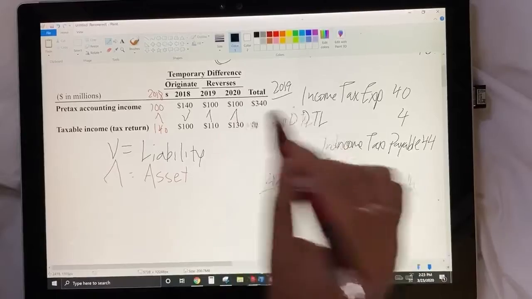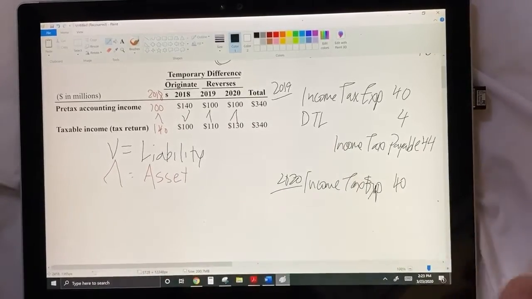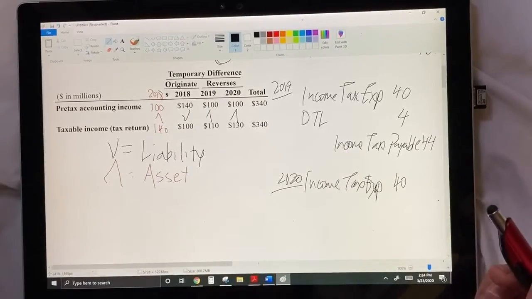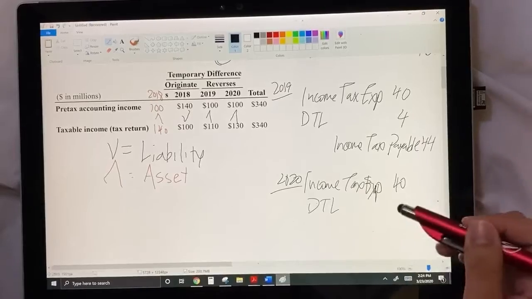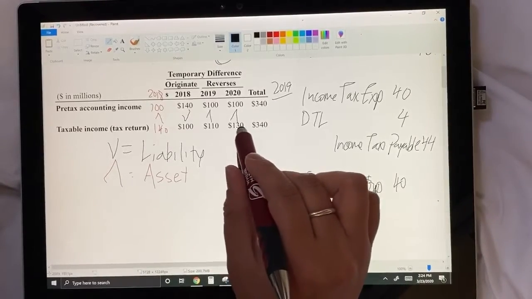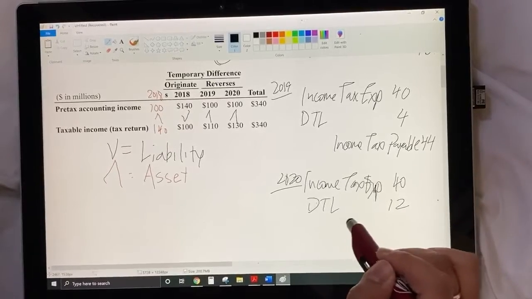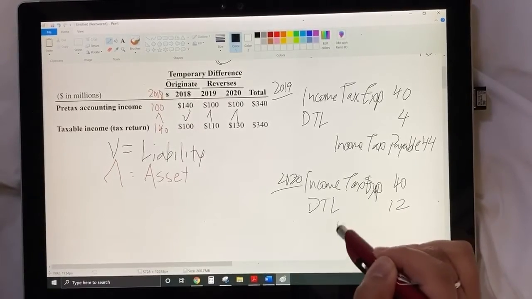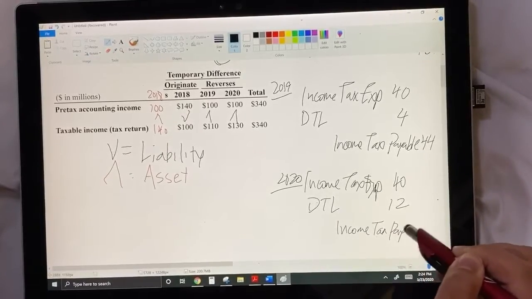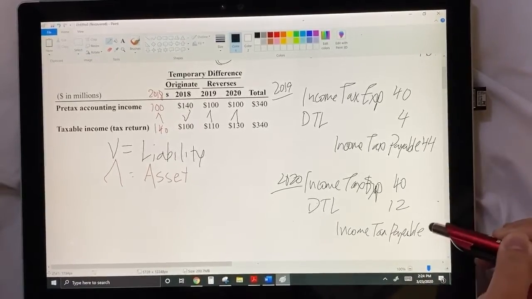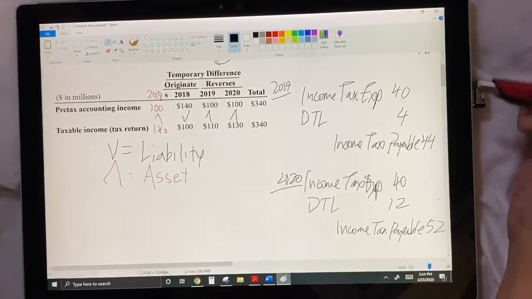And since the taxable income is greater, where does your DTL go, debit or credit? Debit. Okay. DTL is going to be the difference, so 30 times 40%, which is 12. And then you credit income tax payable of 52. And there you have it.